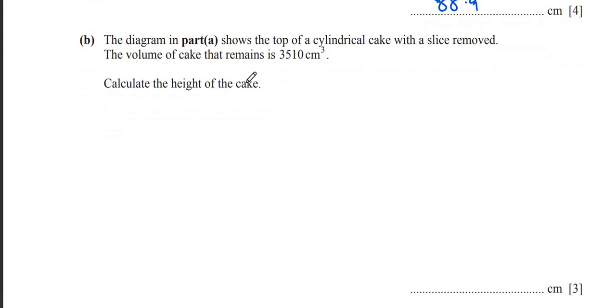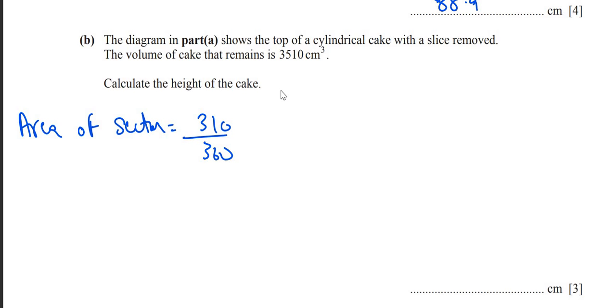Now the next question says the diagram in part A shows the top of a cylindrical cake with a slice removed. The volume of cake is this. Calculate the height of the cake. So look, what's the formula for area of sector? Area of sector is equals to 310 upon 360 multiplied by pi multiplied by 12 squared, which means 124 pi.